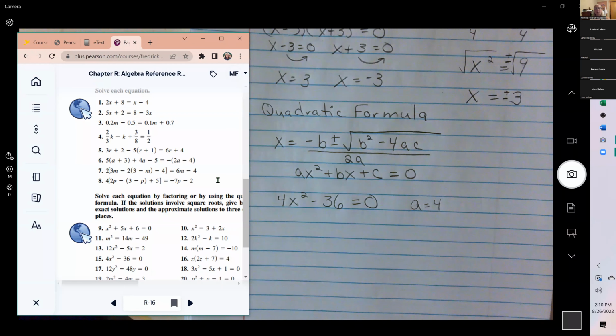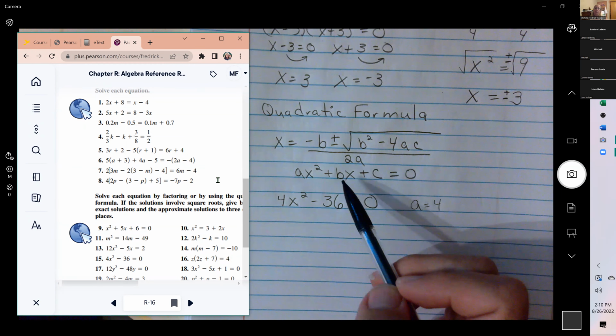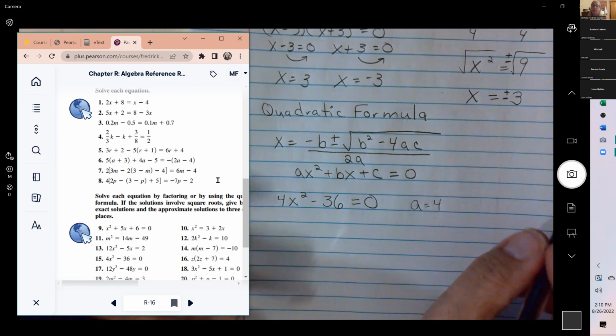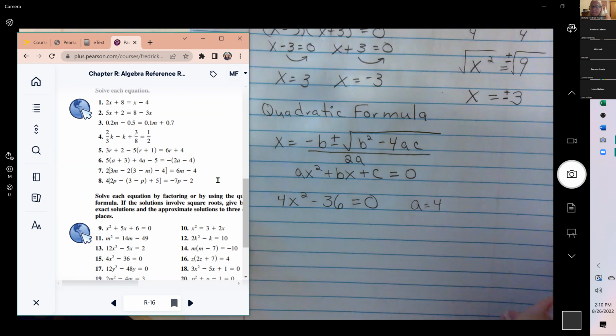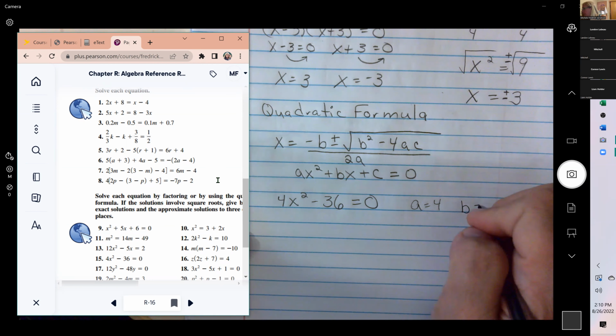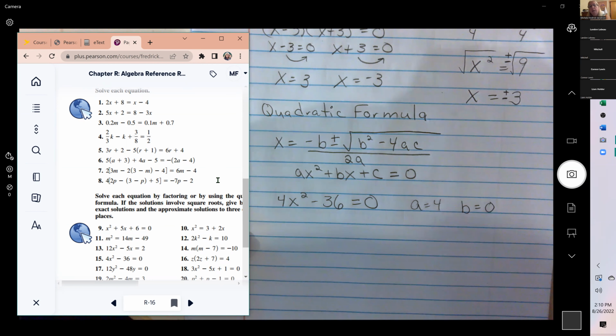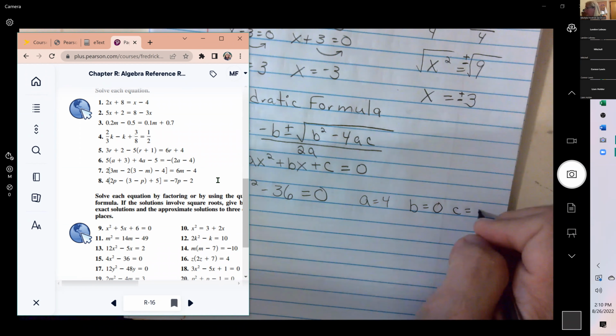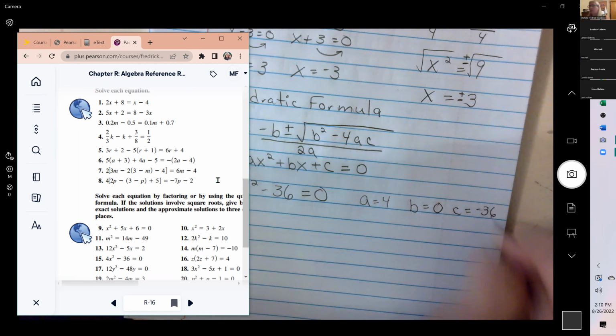There is no x to the first power, so then what is b? Anyone? 0. When there's no value, it's 0. And then your constant, you want to make sure you take the sign with it. So it's a negative 36.